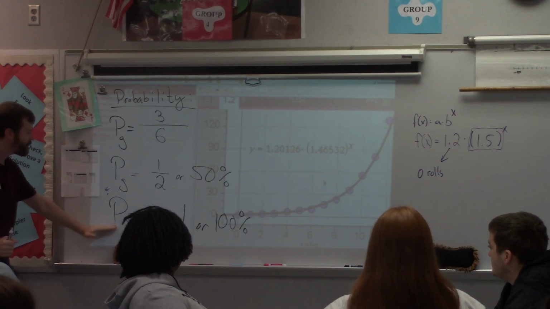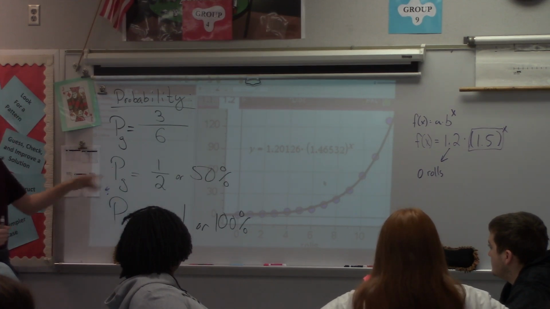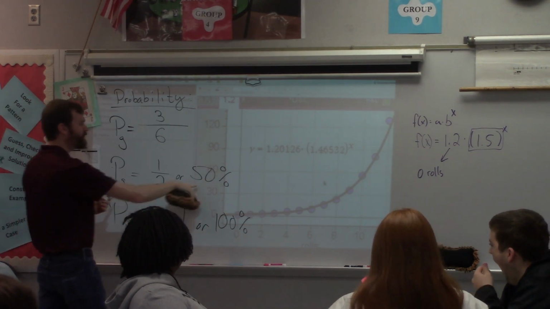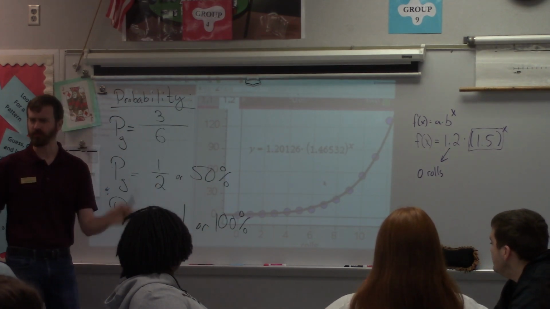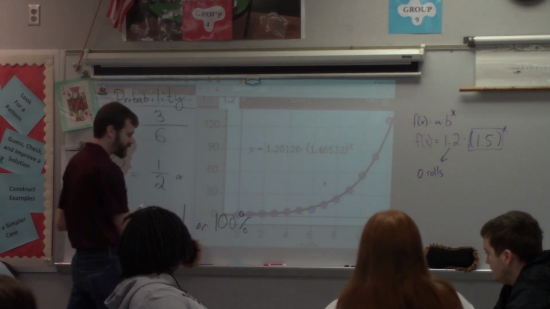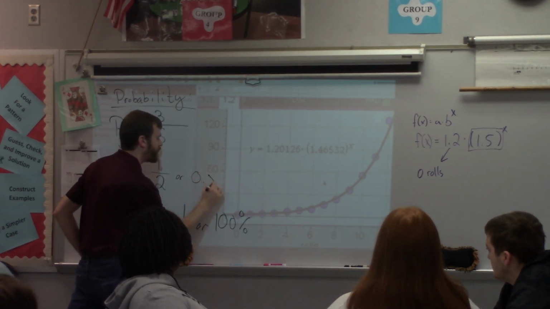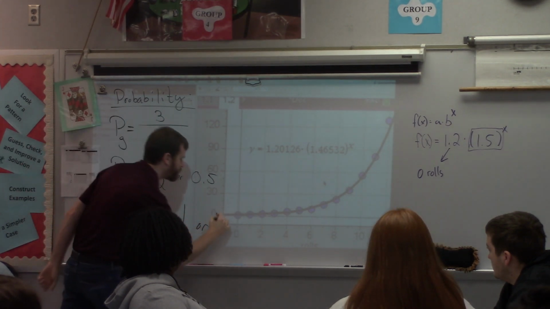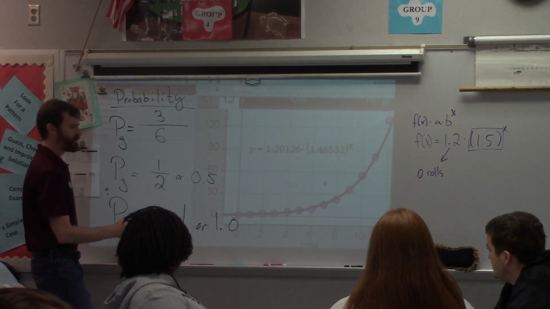So we have a probability of survival, a probability of growth. There was no probability of death of the dice, if you will. But instead of the percentages, let's write them as fractions, because that's what probability is. It's a fraction. What is 50% as a fraction? 0.5. What about 100%? 1. Wait a minute.